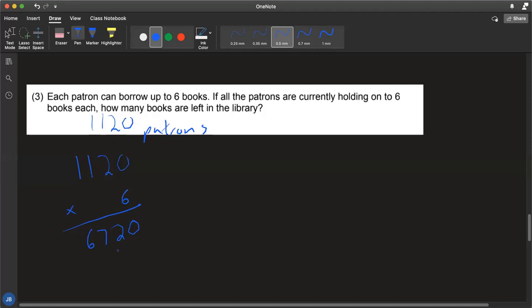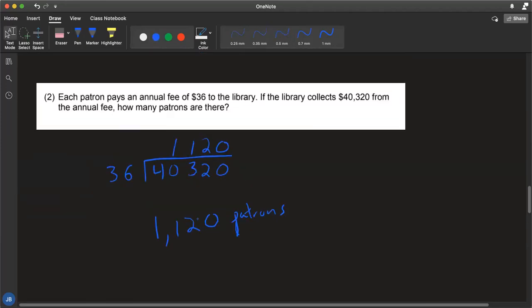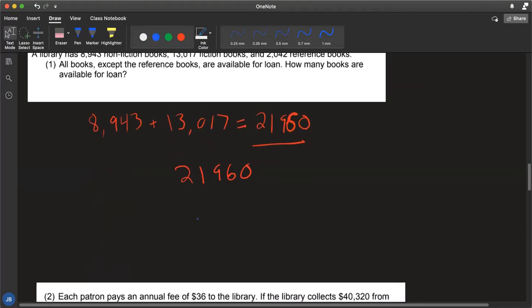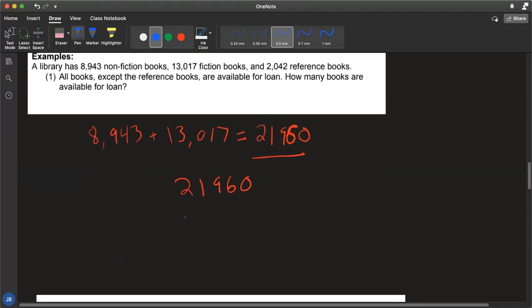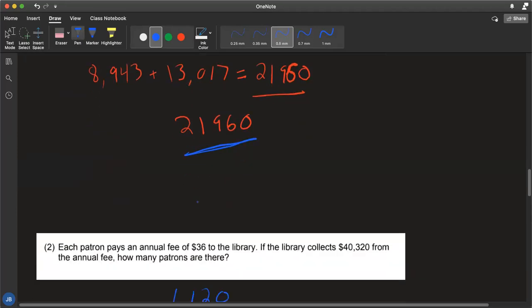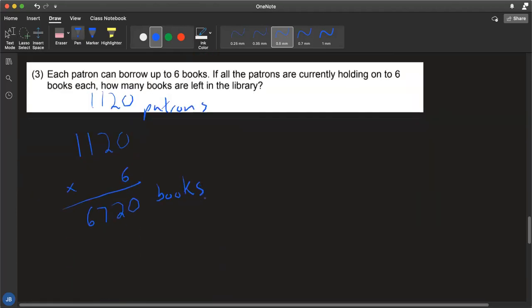Okay, so we have 6,720 books, right? Mm-hmm. All right, so that's how many books are out. So now we have to go back again and see how many books we can take out, right? So we can take out 21,960, correct? Yeah.